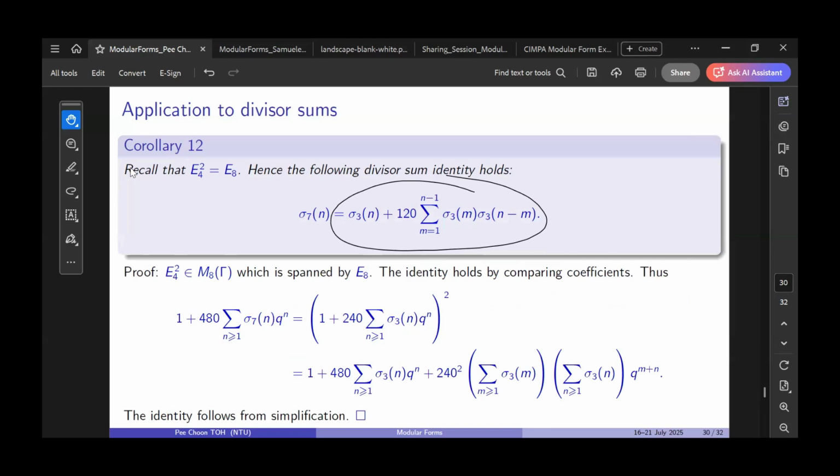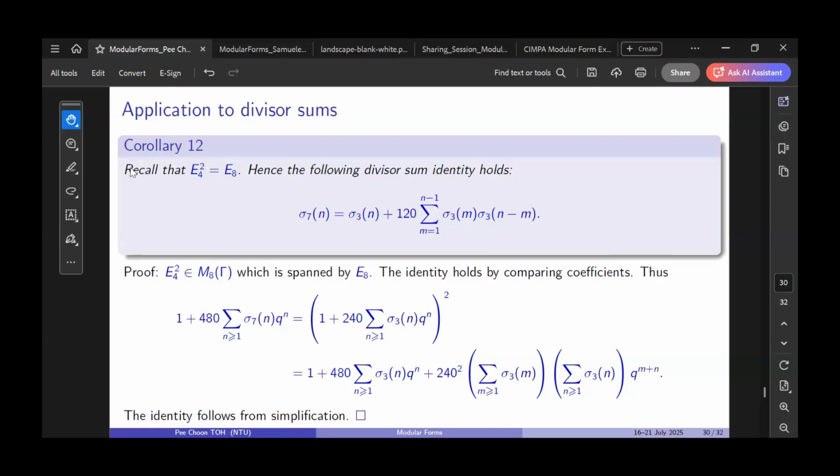How? We use the fact that the Eisenstein series with weight 8 is equal to the square of the Eisenstein series with weight 4.